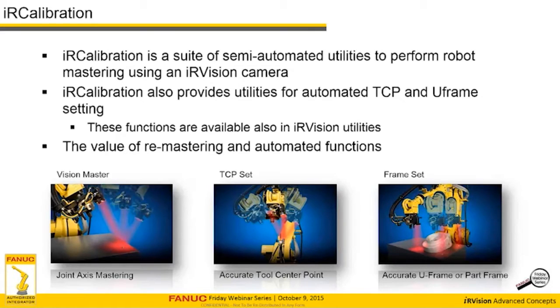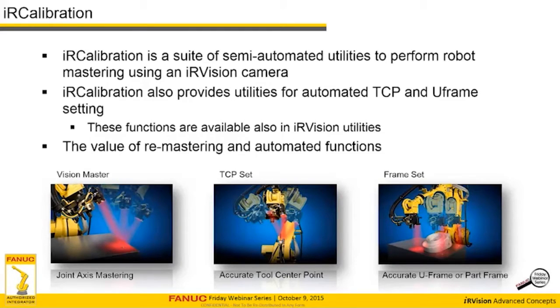Just as a review, IR Calibration is a suite of semi-automated utilities to perform robot mastering using an iRVision camera. Let me clarify that IR Calibration is not part of iRVision. It's a separate option, a separate suite of utilities. It does use an iRVision camera, but that camera does not have to be enabled through iRVision. In fact, for some of the functions, that can be a camera that's just temporarily mounted for the purpose of doing IR Calibration.